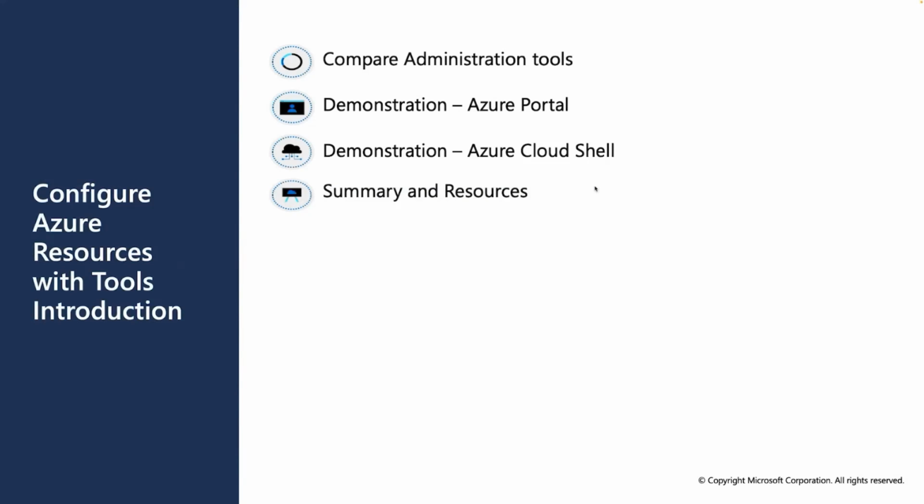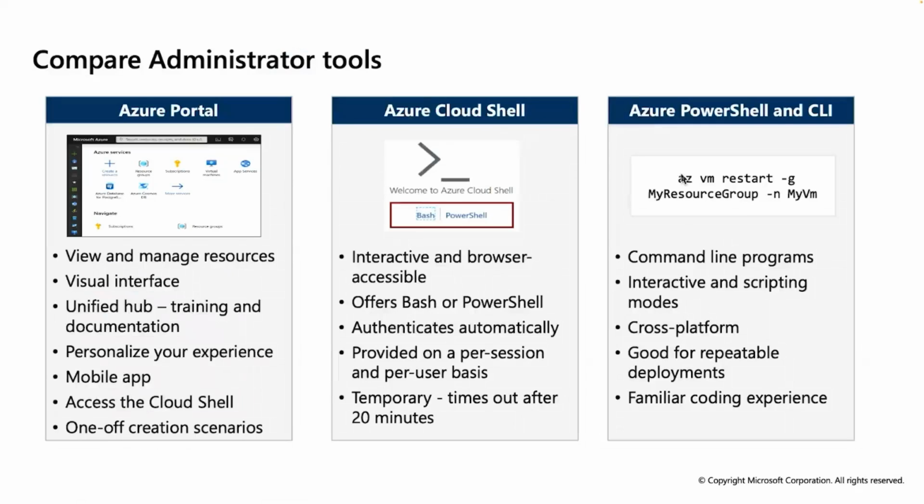So tools. What are the tools available? We've been looking at the Azure portal tool continuously, but there is Azure Shell and also there's a command line interface. So let's have a look at the 3 different tools here. First of all, the portal, which we have seen continuously in today's session. What it does is it allows you to view and manage resources.